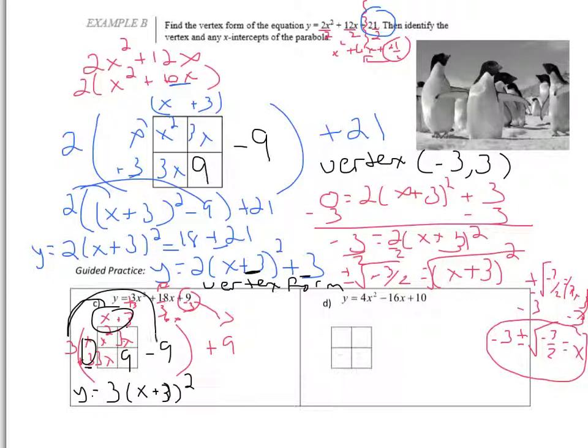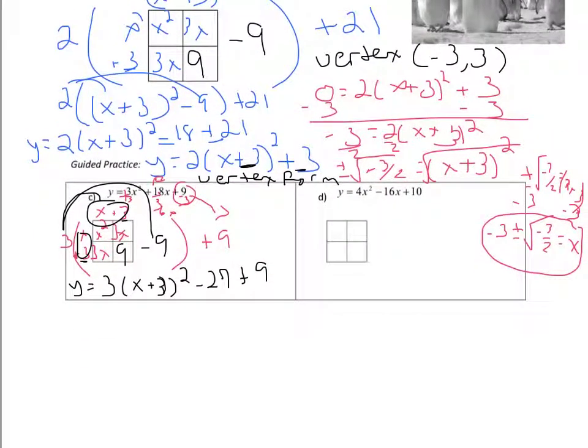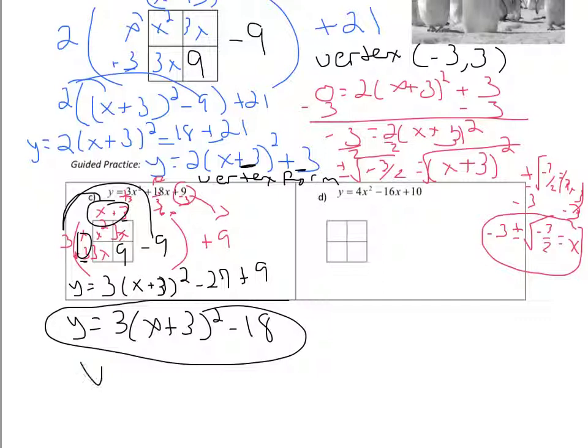And then 3 times negative 9 is negative 27 plus 9. So our vertex form is going to be y equals 3 times x plus 3 squared. Negative 27 plus 9 is a negative 18. So this is vertex form.